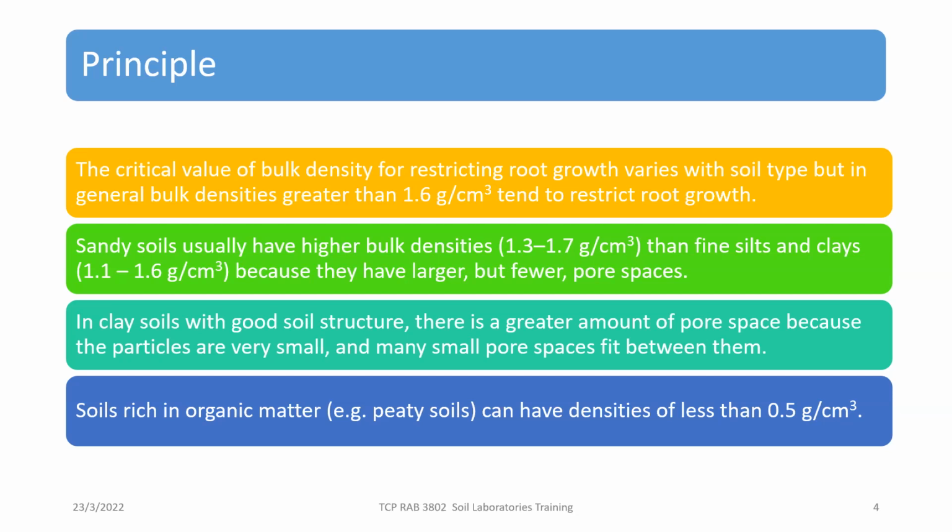In clay soils with a good soil structure, there is a greater amount of pore space between the particles, although they are very small, and many small pore spaces fit between them. Soil rich in organic matter, for example peaty soils, can have densities of less than 0.5 gram per cubic centimeter.